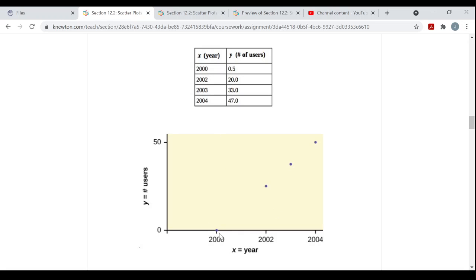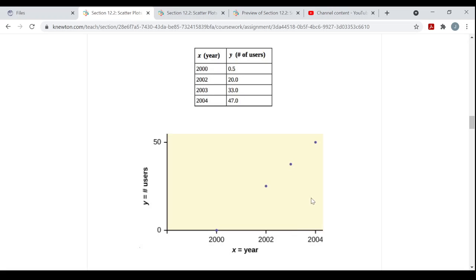So I make a coordinate plane, and you have a horizontal axis representing the years, the x, and a vertical axis representing the number of users, or the y, in millions. You see 2000, 0.5, there's that point. Then 2002, and then y is 20, there's that point. 2003, 33, there's that point.